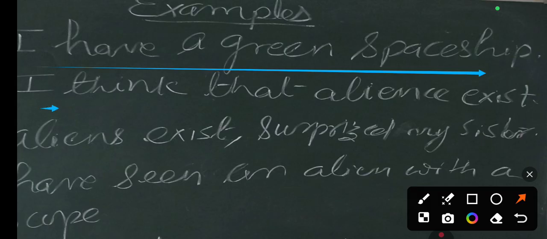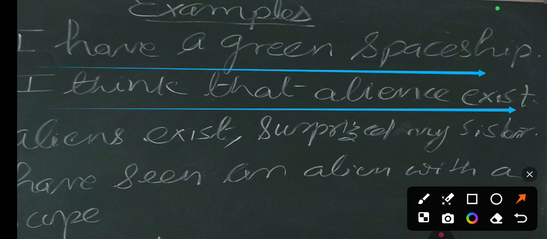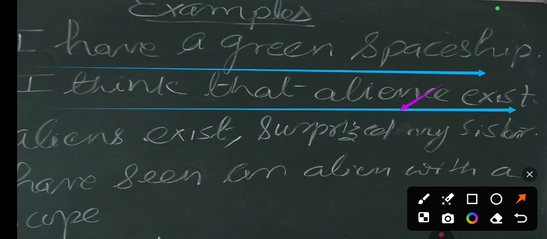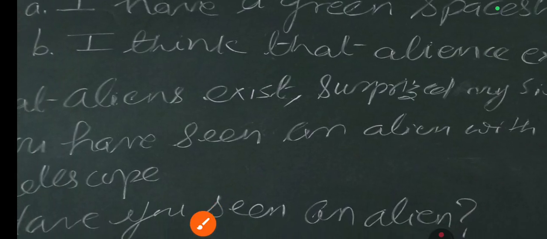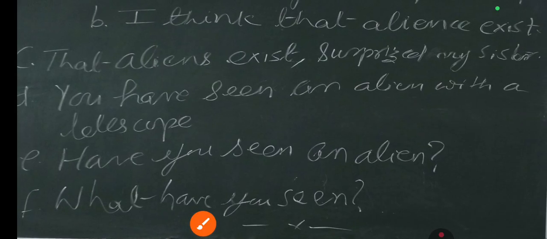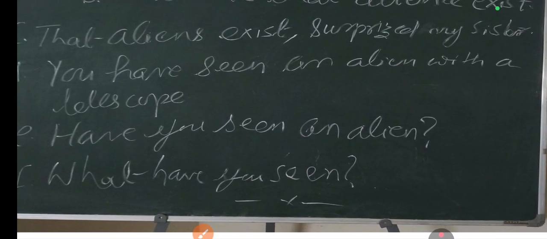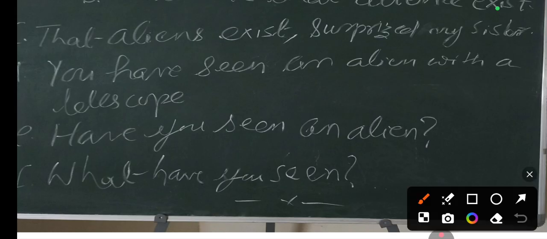Number two, I think that aliens exist, right? Then number three sentence is: That aliens exist surprises my sister. This is the sentence.